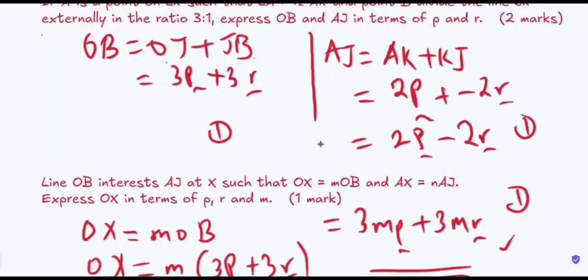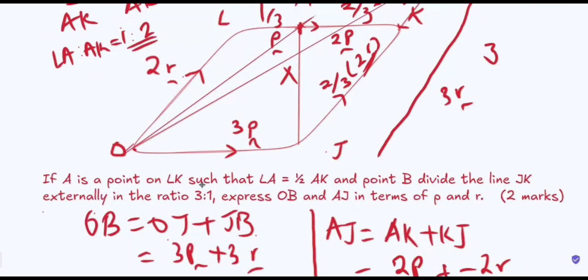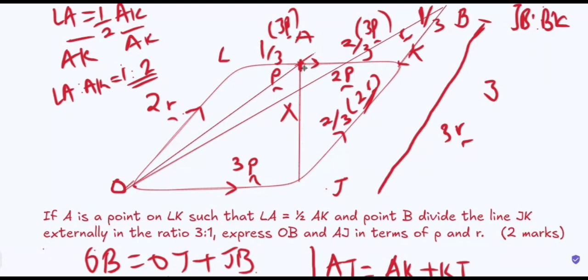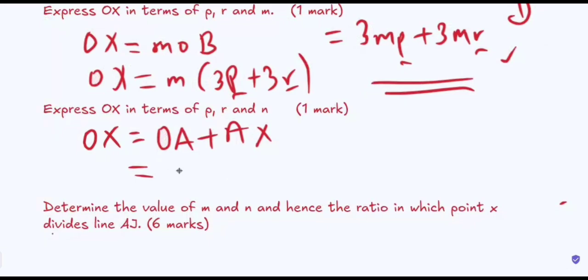So tuaje hapa, tuaje tusema OX equal to OA plus AX. So OA yetu lazima pia tujue OA hatujapewa, so tutapata vipi OA ni OL plus LA. Okay, so OA equal to OL plus LA.